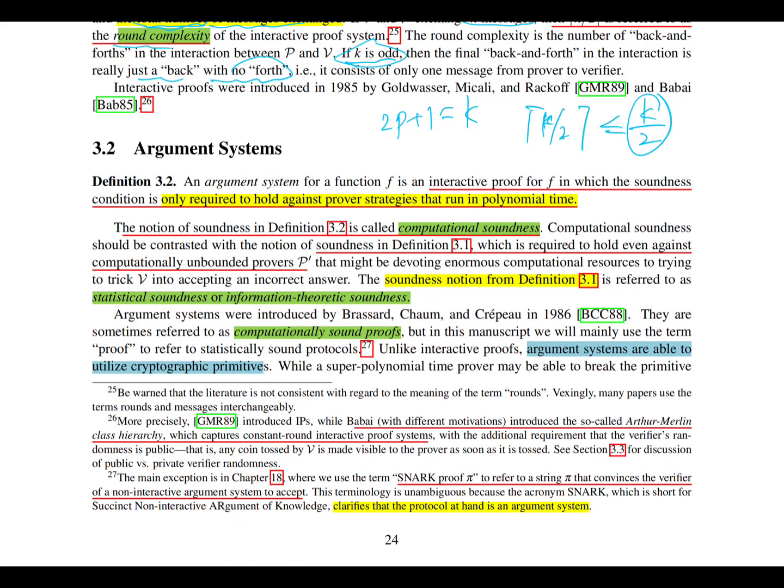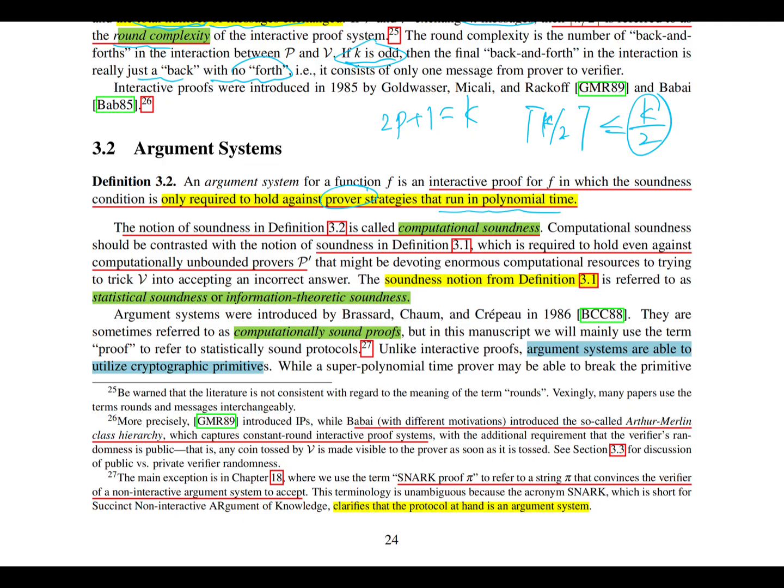An argument system for a function f is an interactive proof in which the soundness condition is only required to hold against prover strategies that run in polynomial time. So here's the very important thing: the point is to hold against prover strategies, and the prover should run in polynomial time.